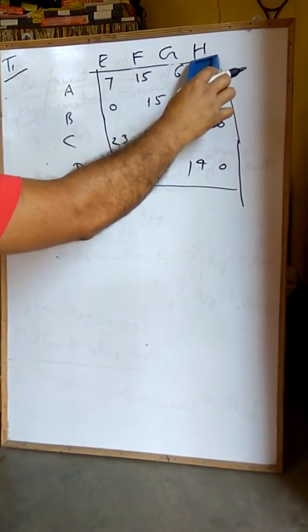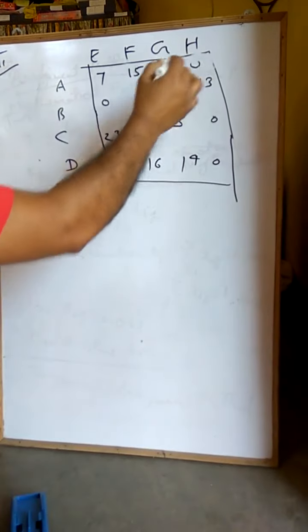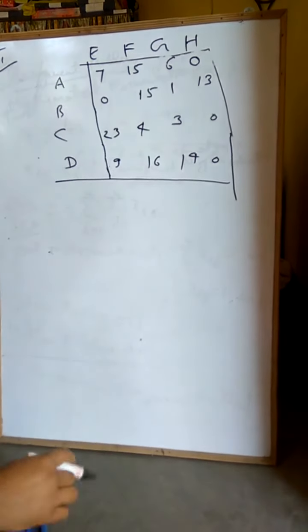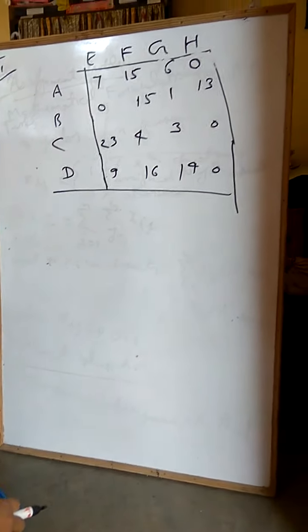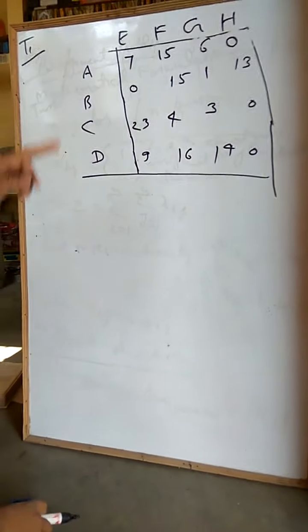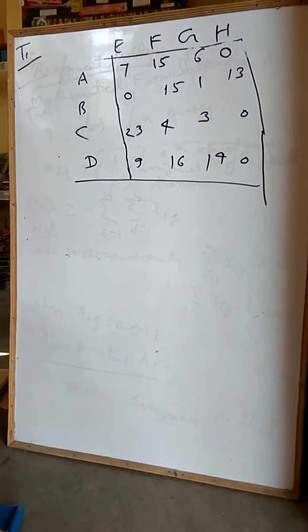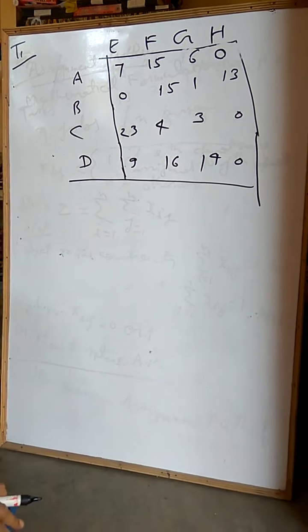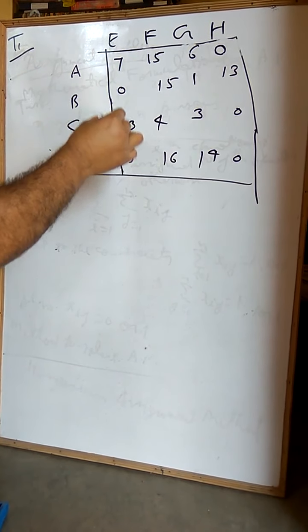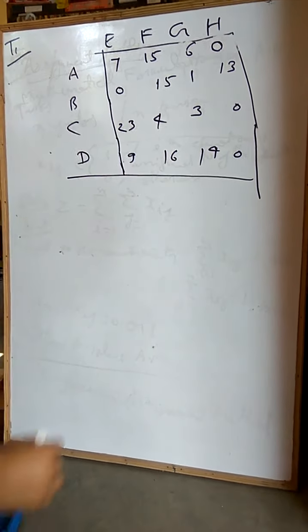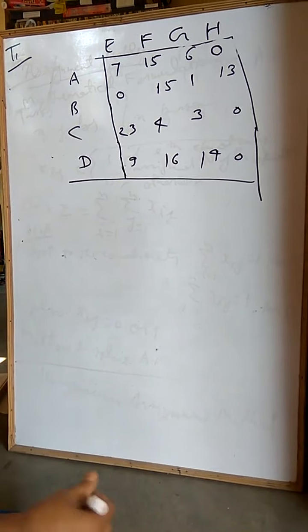One thing remains: all rows have one zero, but not all the columns. So this procedure is repeated for the columns also. For the first column, this is the smallest number; if we subtract this from the others, we will get the same table.